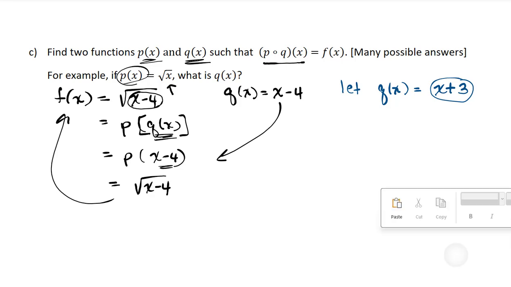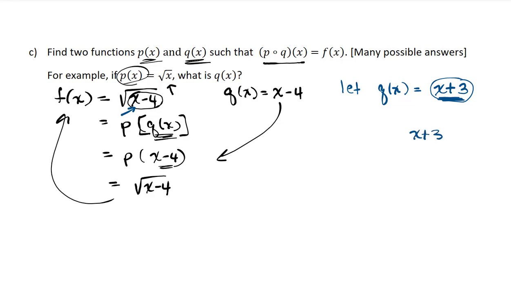And therefore, if I were to replace the argument of the outer function with x plus 3, I need to make sure that it's going to result in radicand of x minus 4. So basically, x plus 3 under the square root plus what value is going to give me the radicand of x minus 4. To make this a quantity of x minus 4, I need to basically add a negative 7 to that.